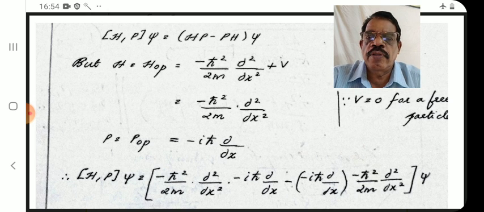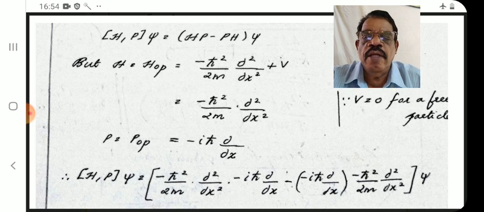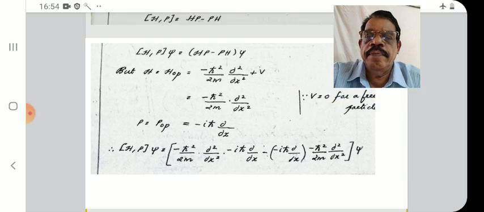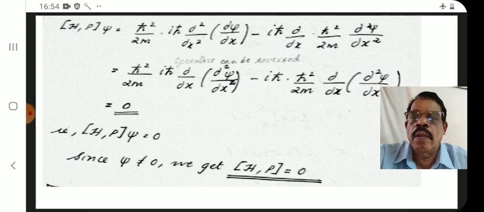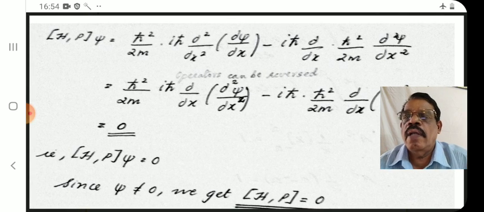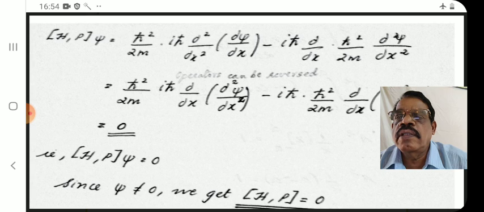All are multiplied terms except the middle one, that is minus. That is equal to h cut squared by 2m, i h cut d squared by dx squared of dpsi by dx, minus i h cut d by dx into h cut squared by 2m d squared psi by dx squared.